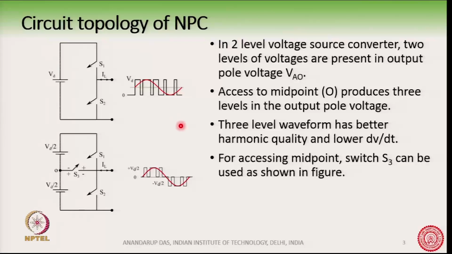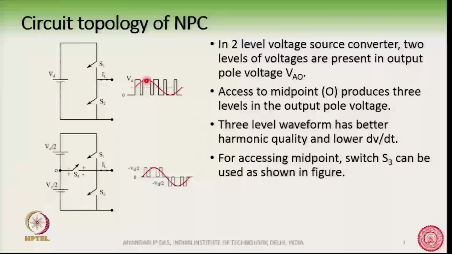The output waveform here always has an instantaneous error between the voltage we want to produce and the voltage actually produced by the converter. The desired voltage from the converter should be this red waveform. We want a perfect sine wave output from the converter.